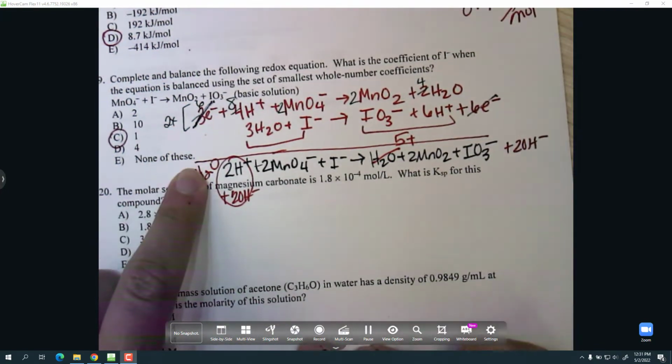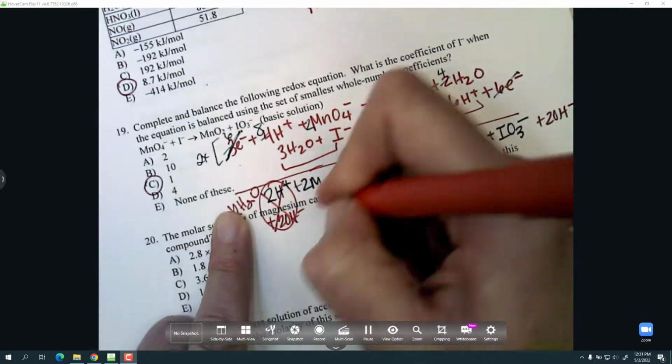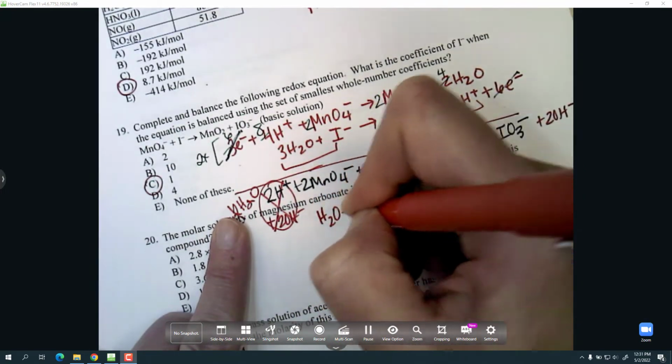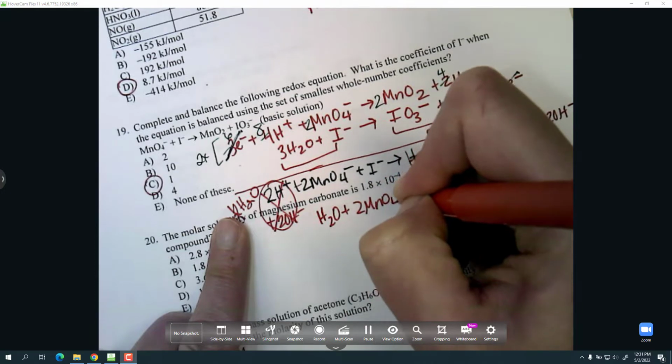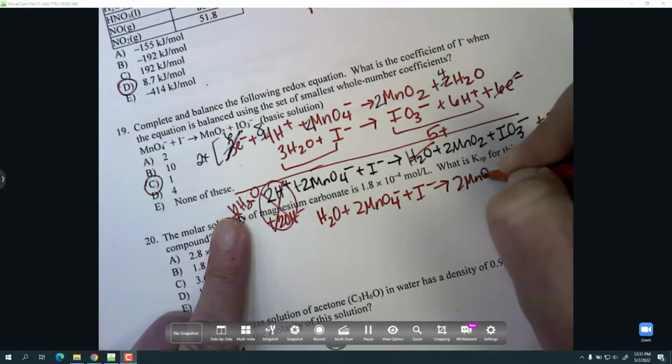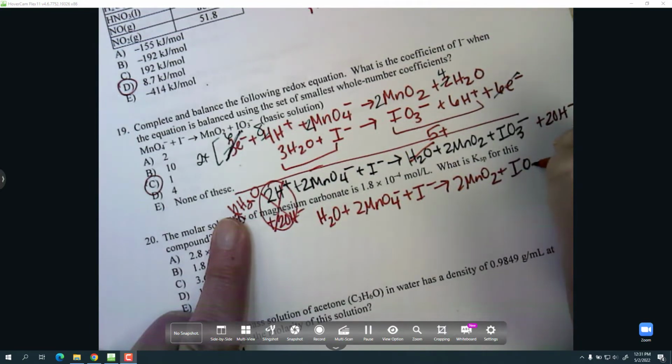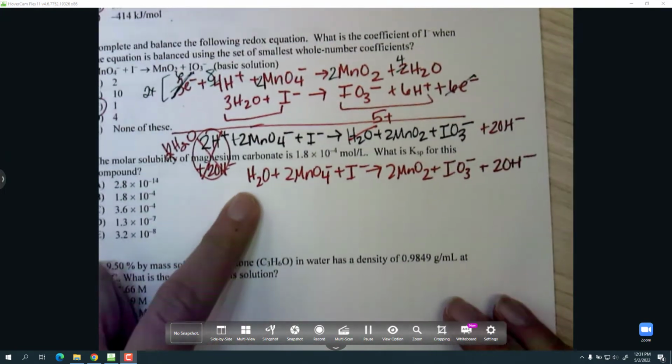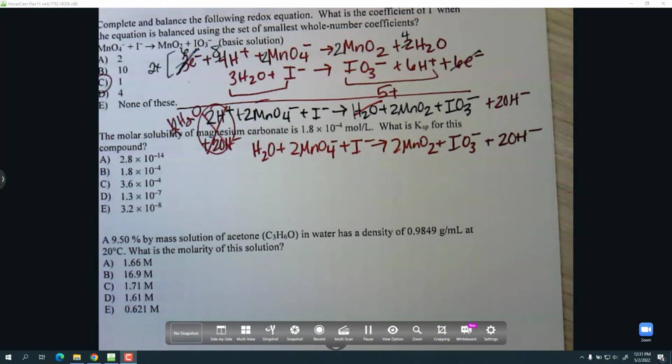So it would be 1 water, this is gone. Like that. That would be my actual balanced equation in basic solution.